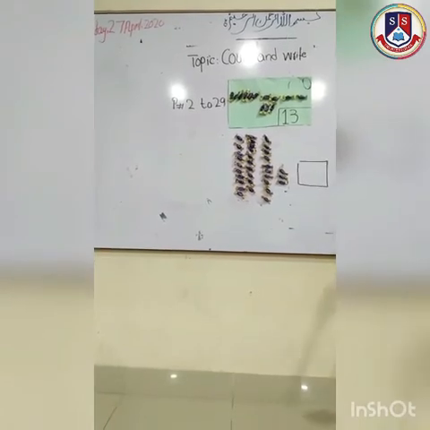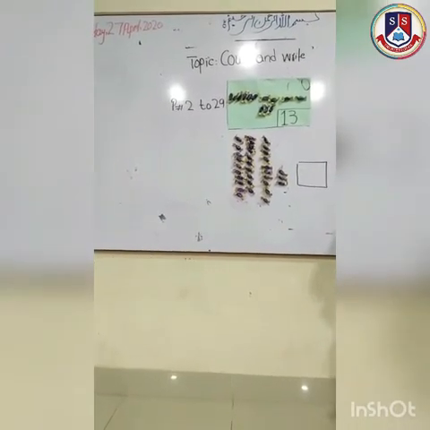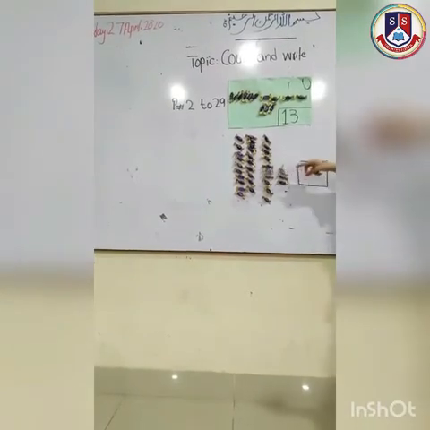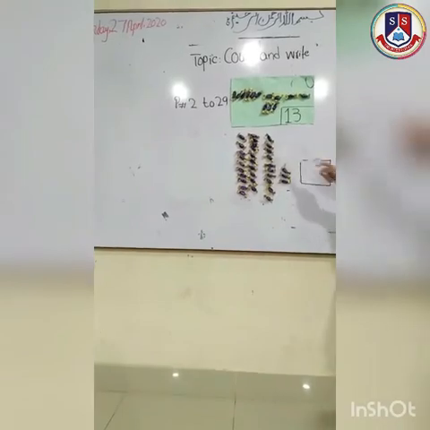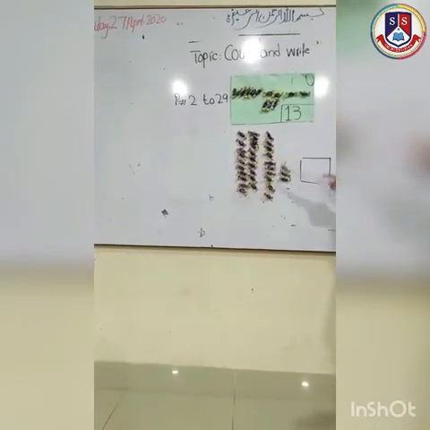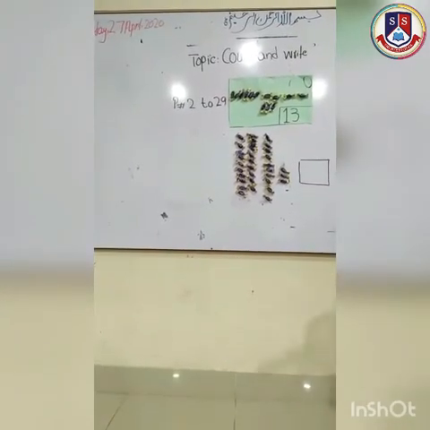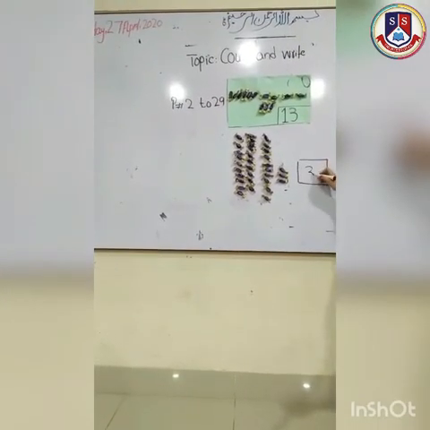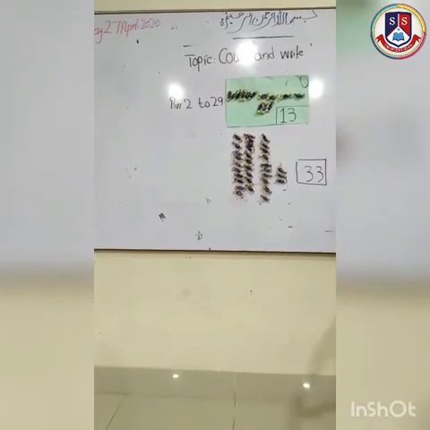When we combine 10 ones together, we get 1 ten. Again 10 ones, 2 tens. Again 10 ones, 3 tens. It means total 30 candies are at the left side and 3 candies are at the right side. 30 plus 3 is equal to 33. It means 33 candies are here.